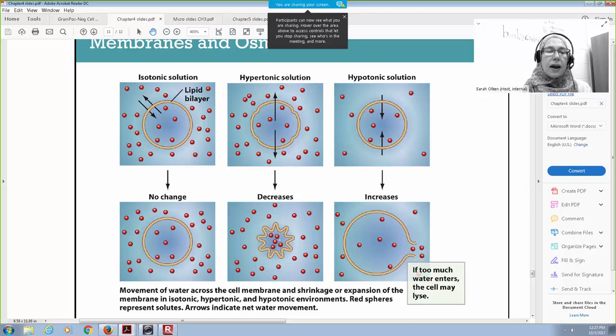Some bacteria will undergo what's called plasmolysis, where the cell wall doesn't change, it maintains the shape of the cell, but the cell membrane will shrivel in a hypertonic environment.